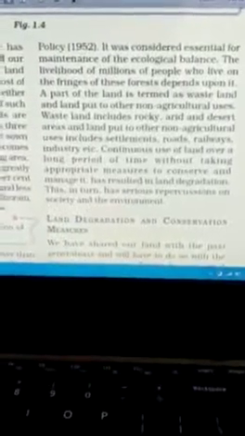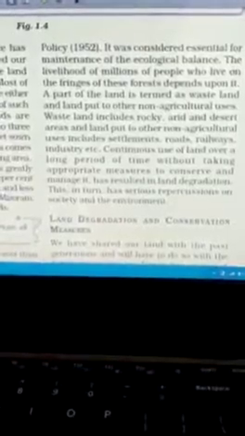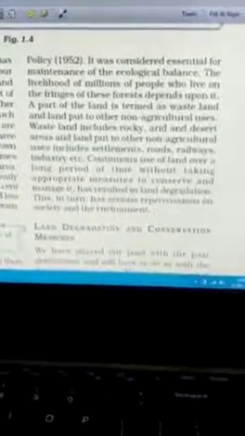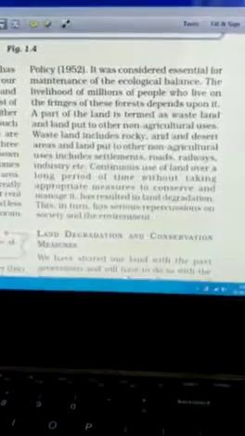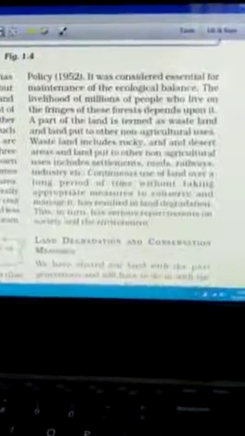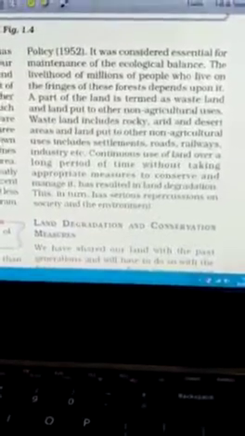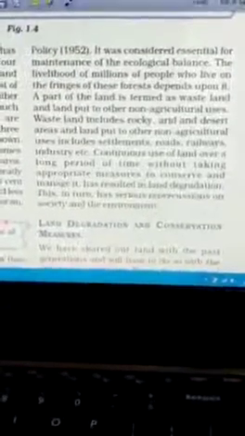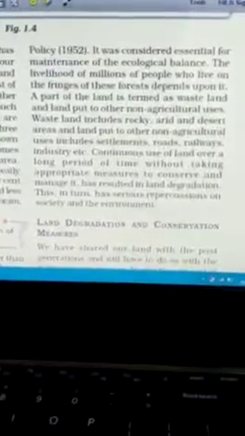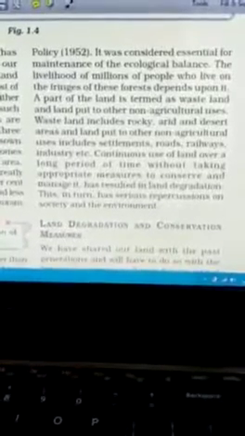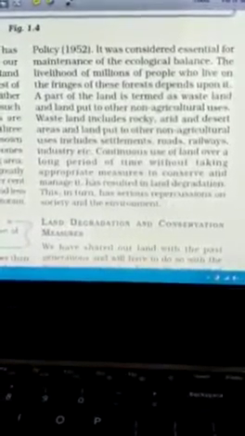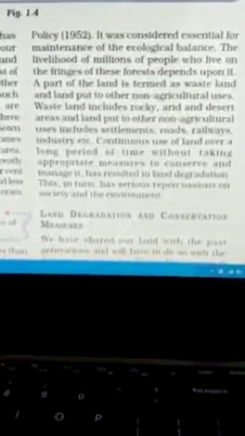Fringes means boundaries of these forests. They use forest products for their livelihood, either to consume directly, or to produce things made out of them, or to sell the things which can be created, or they get it from the forest only. So if the percentage of forest is reduced, it is really difficult for the people living there to survive.